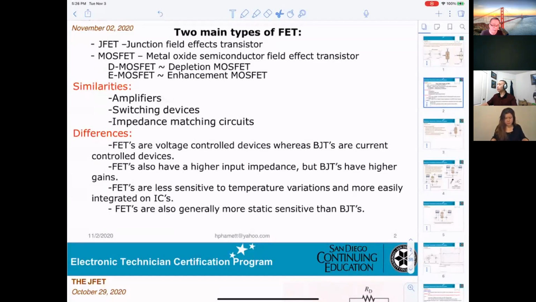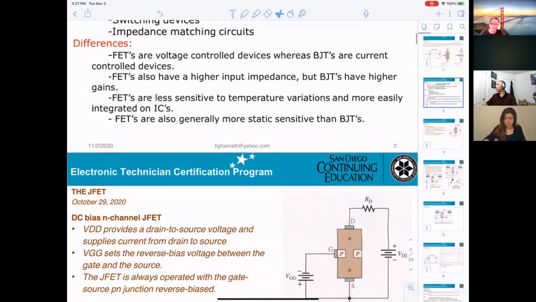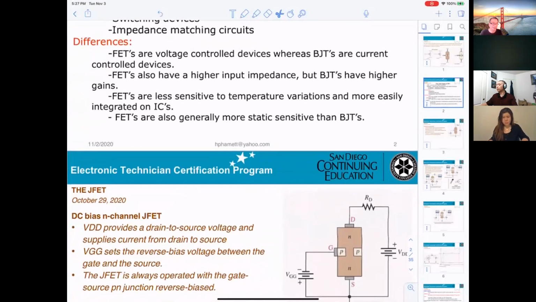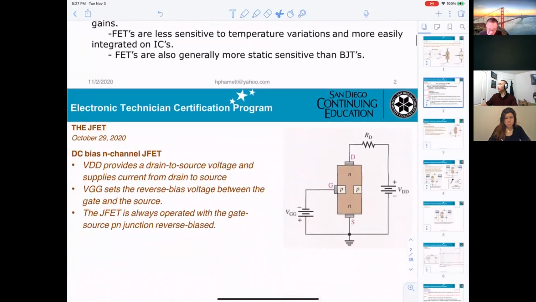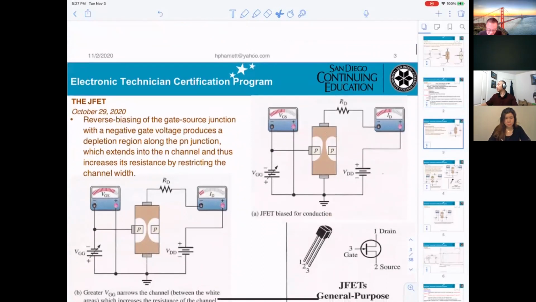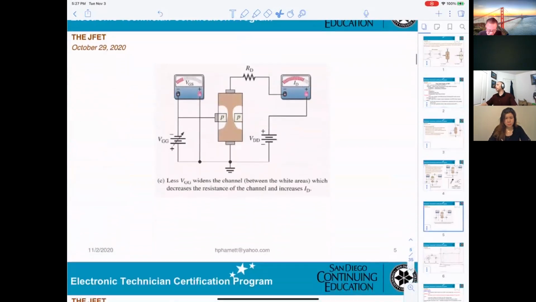FETs also have a higher input impedance, but bipolar has a higher gain. FETs are less sensitive to temperature variation and more easily integrated on IC. FETs are also generally more static sensitive than the bipolar. That one we already covered.